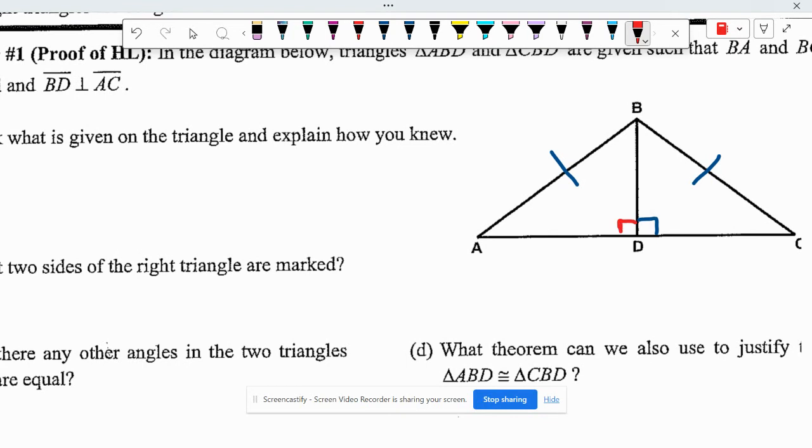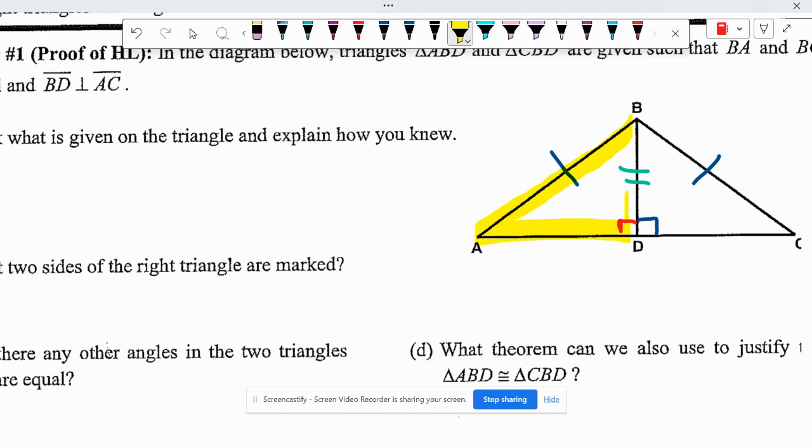What do I know about segment BD? What's it congruent to? It's congruent to itself. Segment BD is congruent to itself by the what property? Reflexive property.